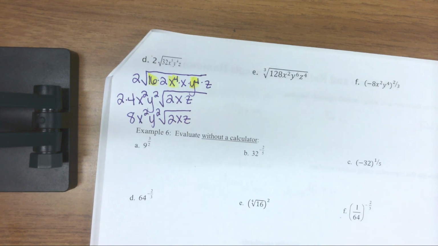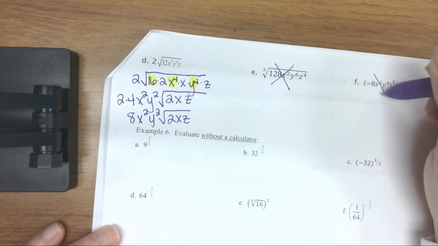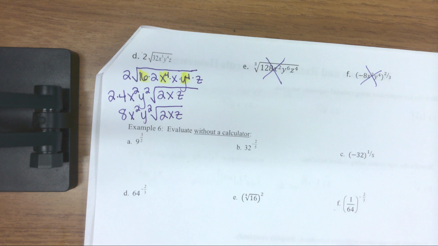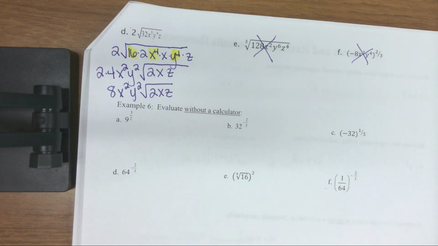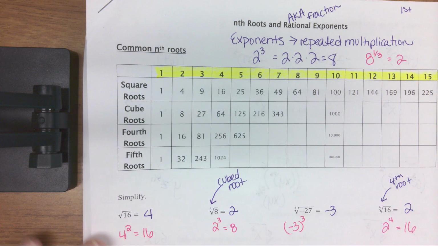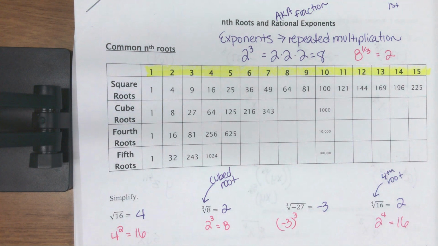Okay. At this point, we won't be doing E and F. So, what do I mean by evaluate without a calculator? If it's easier, instead of flipping back and forth, you can pull this off.